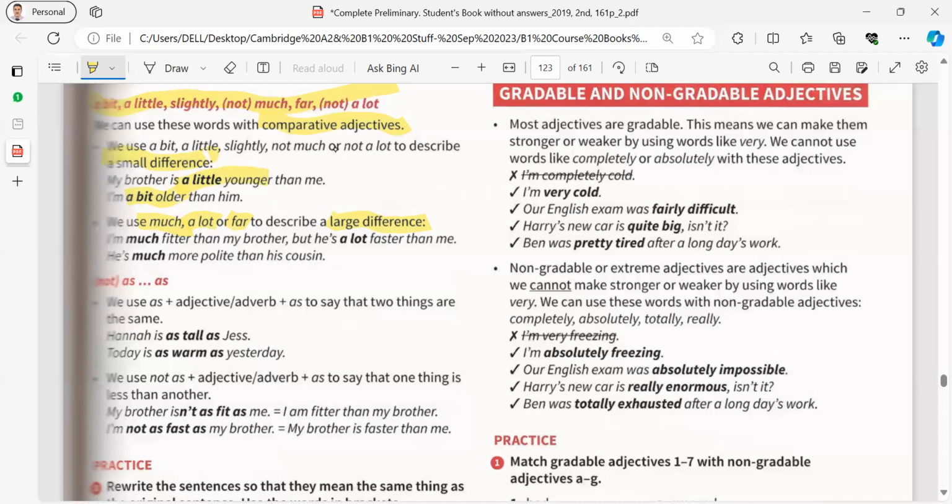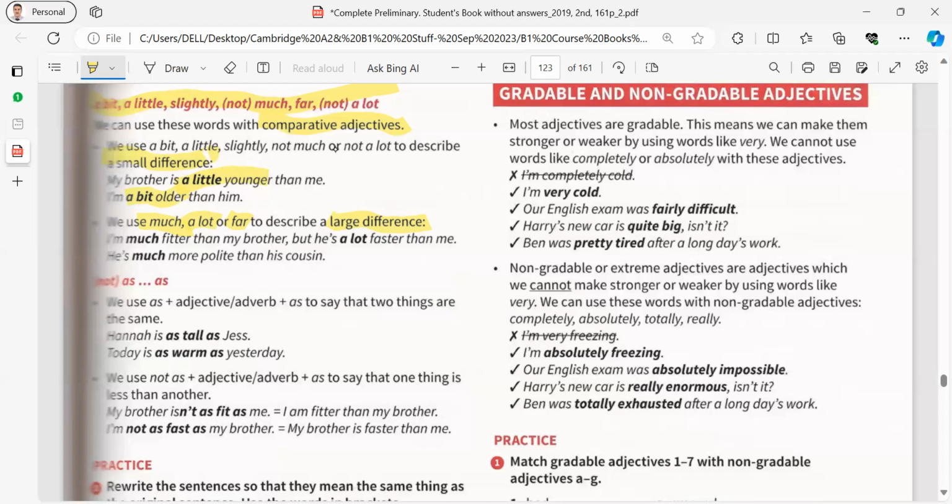But if you have a large difference, you have only 3 options. You can say much, a lot, far. Don't say a lot of, no, only a lot. For example, he is a lot faster than me, he is a lot richer than me, and so on.